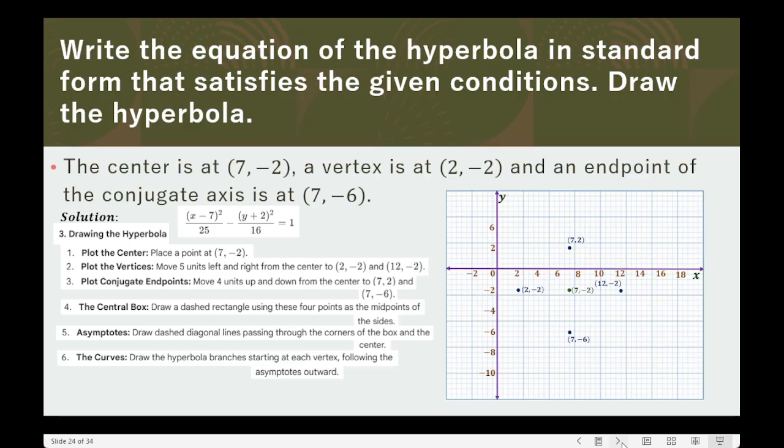Then you draw a broken-lined rectangle, the auxiliary rectangle, wherein all of its sides pass through the 4 plotted points. Then draw 2 diagonals passing through the corners of this auxiliary rectangle, followed by tracing the curve of the parabola starting from each vertex.